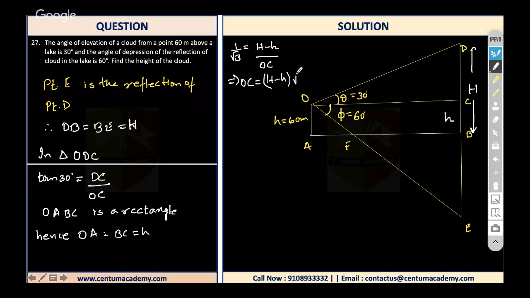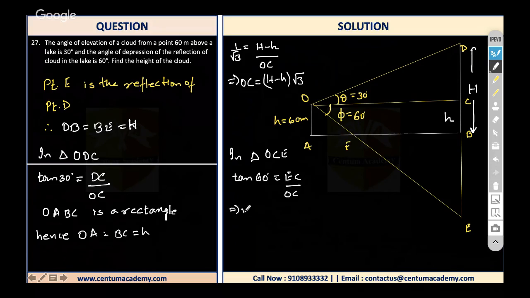Why am I doing this? Because I'll eliminate OC. Now, in triangle OCE, tan of 60 degrees is EC, that is opposite, upon OC.